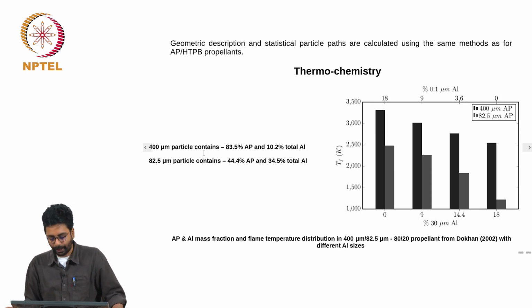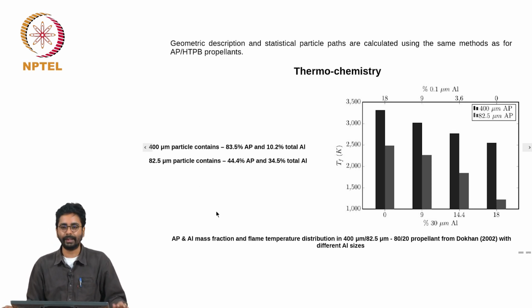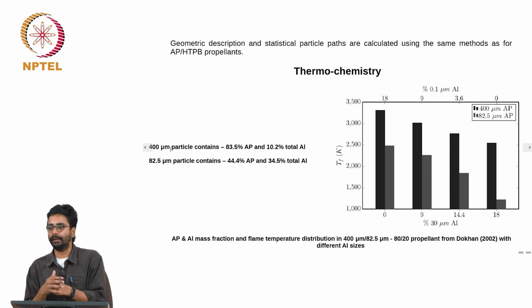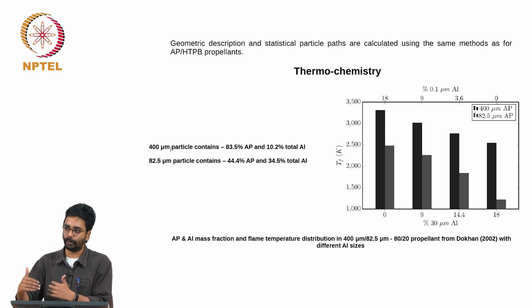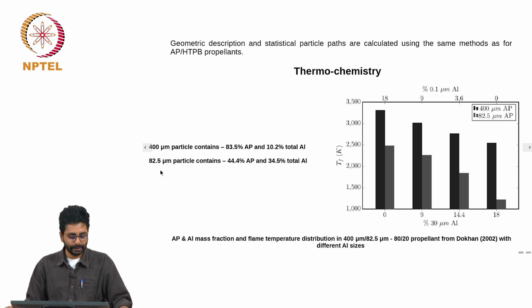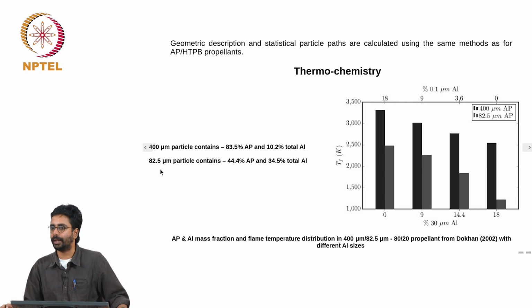This is an important point. Remember that all AP particle sizes are coated with the same thickness of binder matrix. What it means is that a 400 micron particle or a coarse particle will have, in proportion to the amount of AP, less binder and therefore less aluminum also, compared to a particle, let us say, of 100 microns or 80 microns.